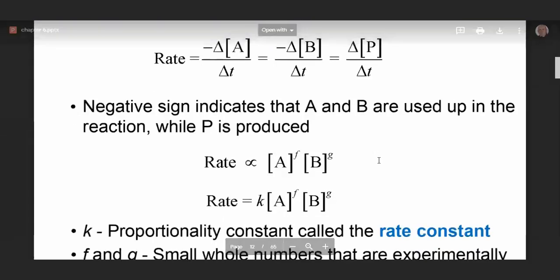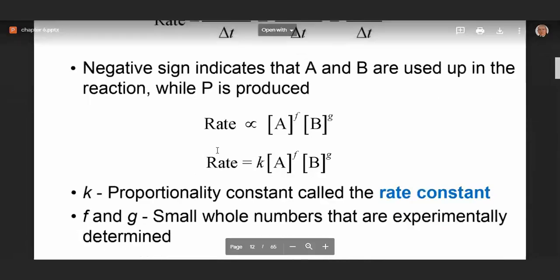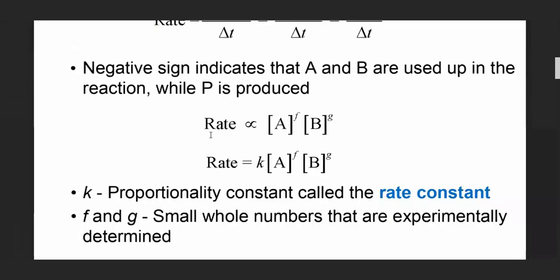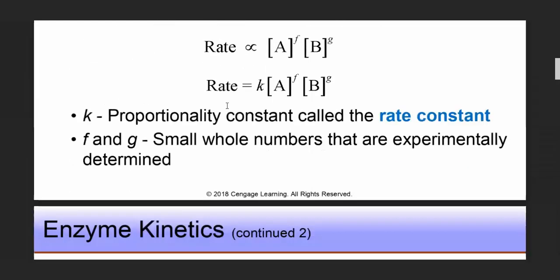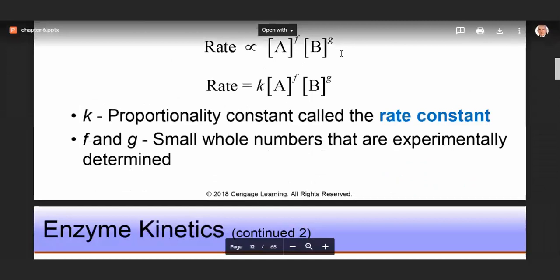So we can conclude that the rate is directly proportional to the concentration of A raised to F times the concentration of B raised to G. If we convert this proportionality into equality, then we must put a constant.